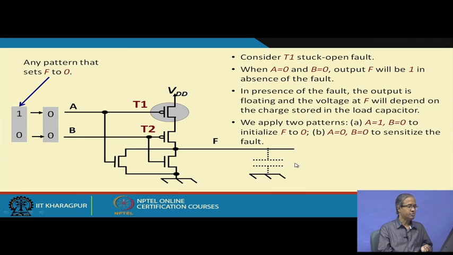Okay. So, now if I apply 0 0, in the faulty case output will remain 0, in the fault free case output will be 1, I can distinguish, right. So, I need a pair of patterns to be applied in a particular sequence. This is the characteristic, right.